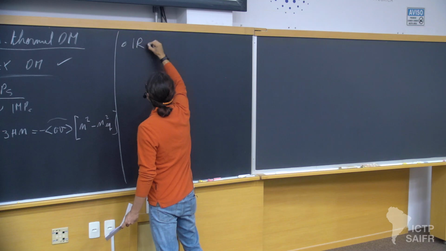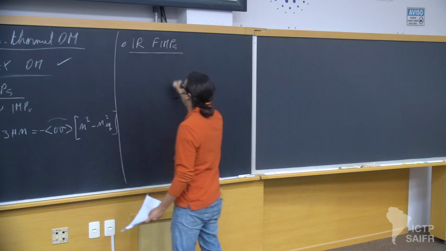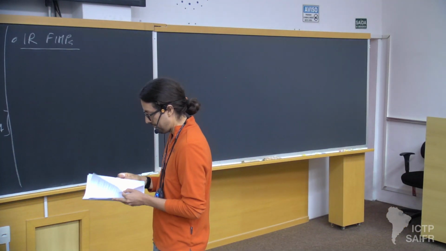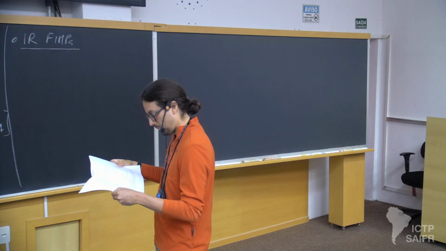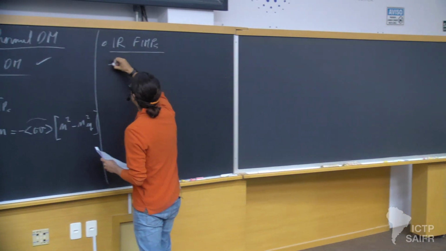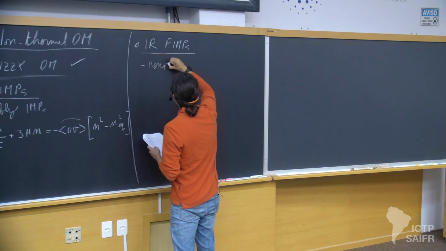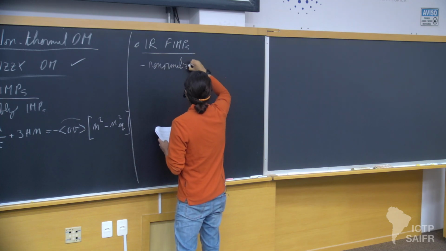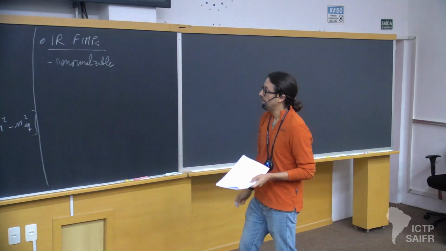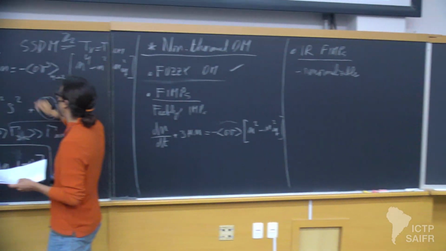So the infrared FIMPs. And the idea of the infrared FIMPs is very easy. So checklist. We want for the infrared FIMP to use renormalizable operators. So for instance, we can use exactly this theory, the singlet scalar dark matter model.